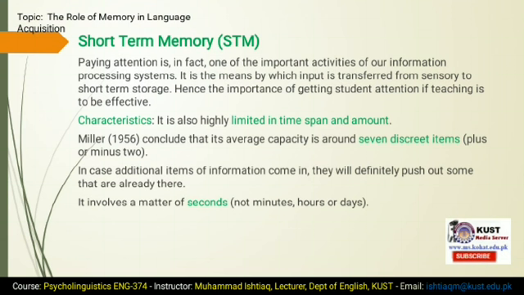If you don't pay attention, there's a very strong likelihood that the information may be lost. One important thing for information to be retained in short-term memory is rehearsal. The information in short-term memory is highly dependent on rehearsal, otherwise it may be lost very soon.